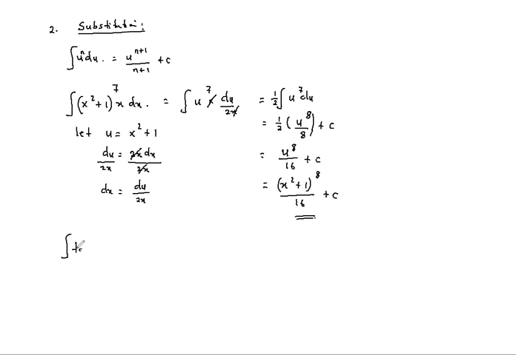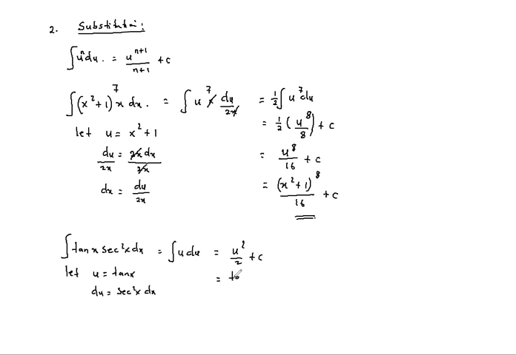Questions like tan x sec^2 x dx. If you have a good memory, you will remember that the derivative of tan x is actually sec^2 x. Then you come here and write this as u du, then you integrate it: u^2 over 2 plus c.